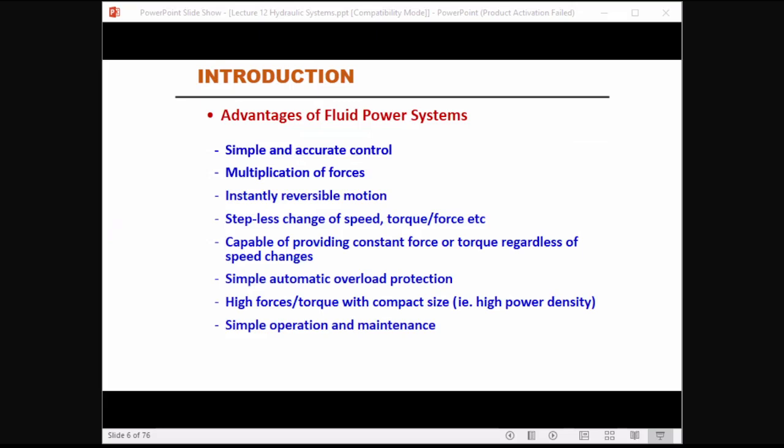Sometimes we can use some gases as a pneumatic. Basically pneumatic mean air. These are some advantages of the fluid power system.